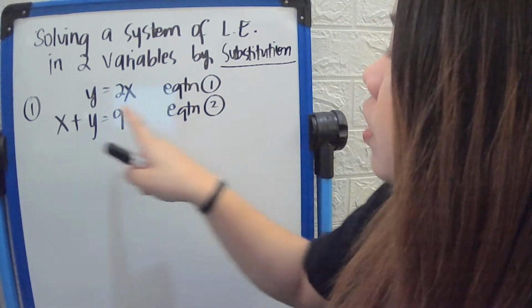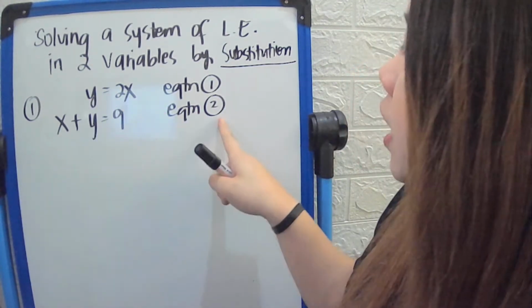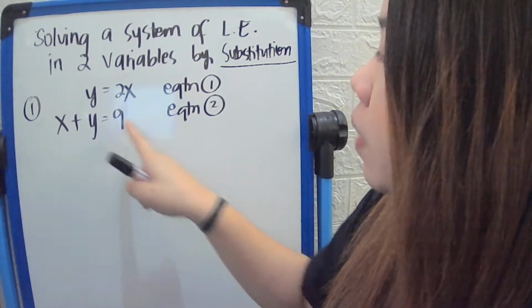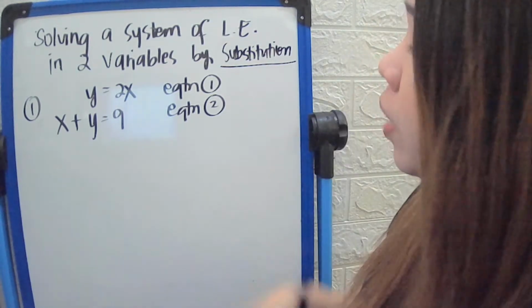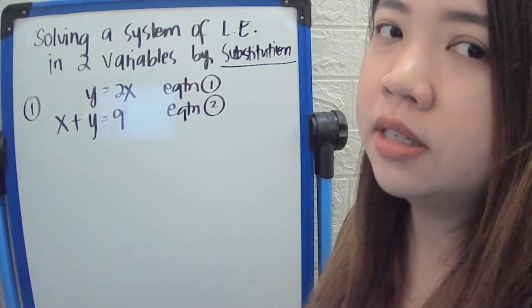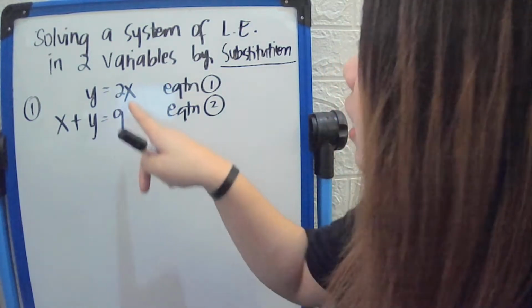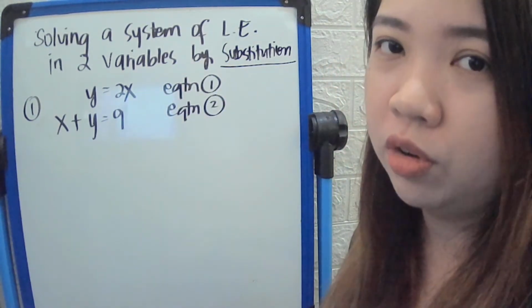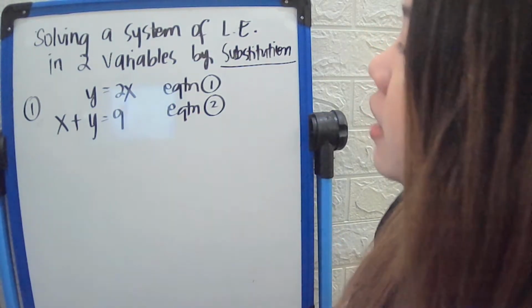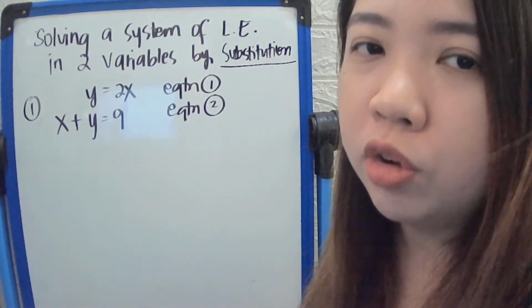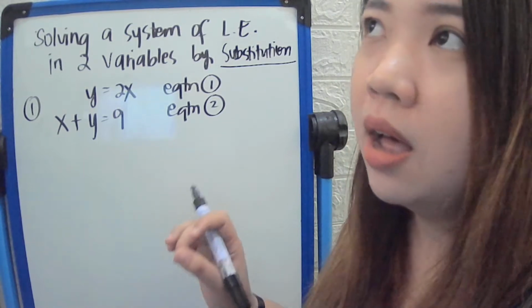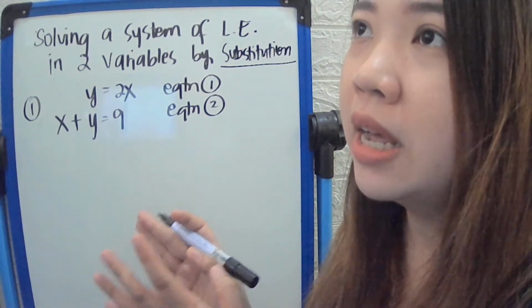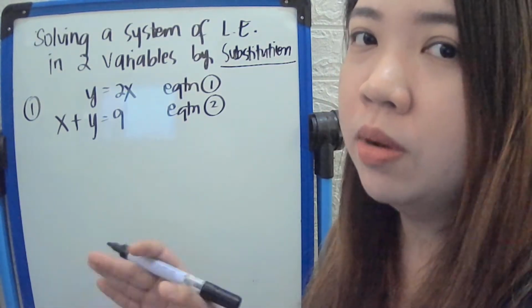The first equation is y equals 2x. Your second equation is x plus y equals 9. So, what you're going to do here is i-substitute natin yung isang equation dun sa isa pang equation. So, kung napapansin ninyo, meron dyang equation na kung saan isang variable yung nasa isang side ng equal sign.